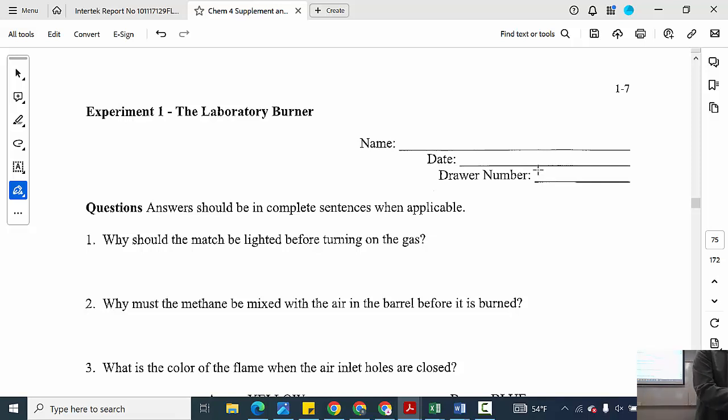And then a little strong the flame is. A little weak.